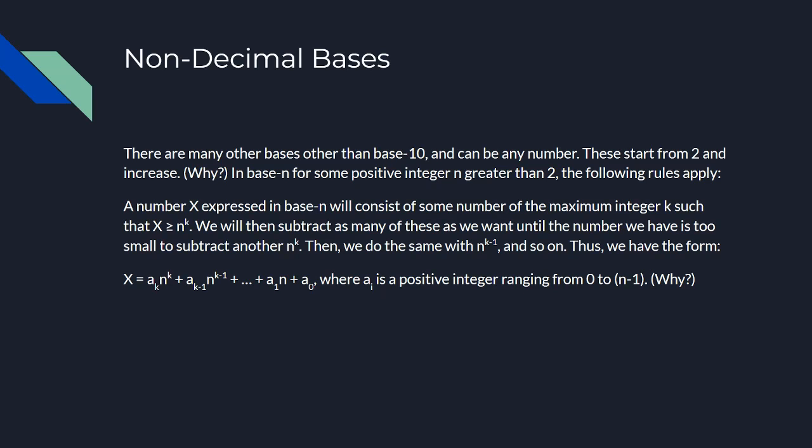So we're going to have the form x is equal to some coefficient a sub k times n to the k plus a sub k minus 1 times n to the k minus 1.